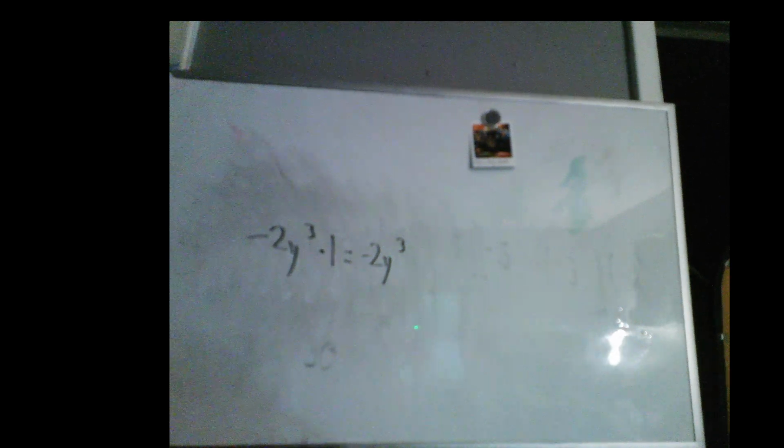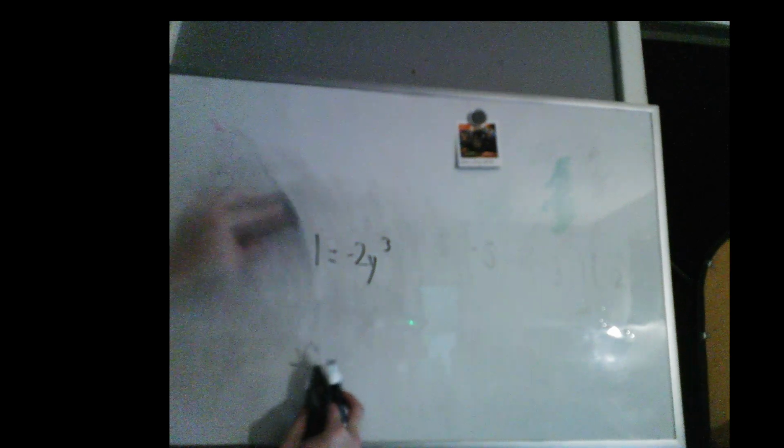Here we have negative 2y cubed times 1 equals negative 2y cubed. That is the multiplicative identity property. Let's skip that one because we've already gone over that. And this right here is my favorite property.